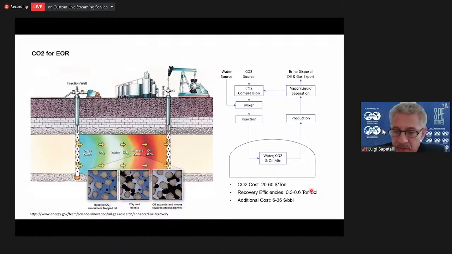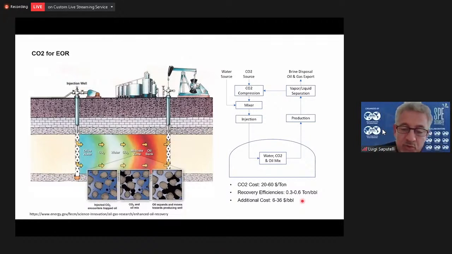So imagine if you buy CO2 for $20 per ton and you recover at this rate, that means you are adding an extra cost to your EOR process of between $6 and $36 a barrel.